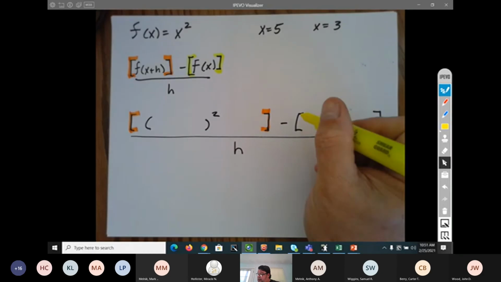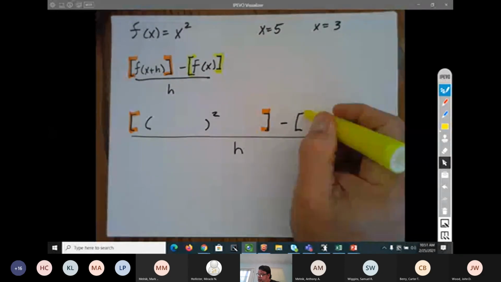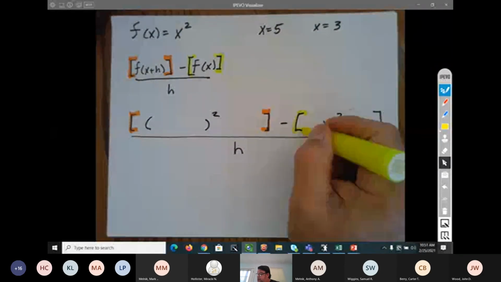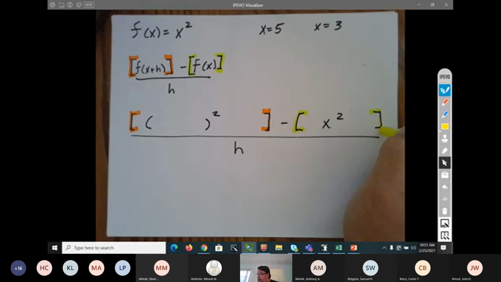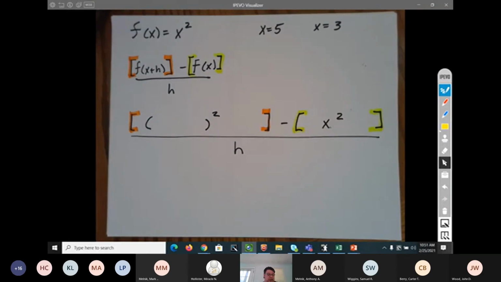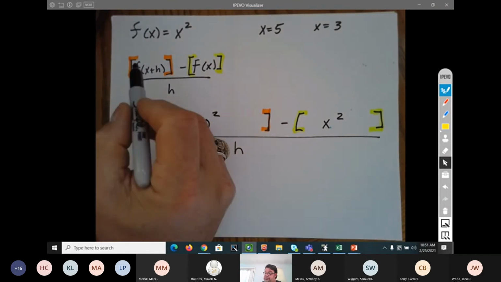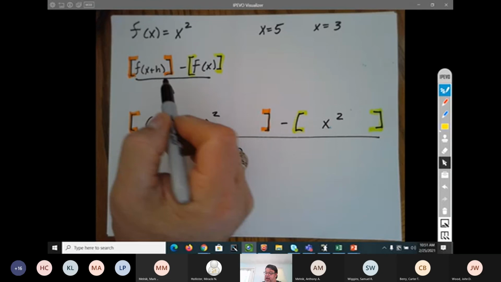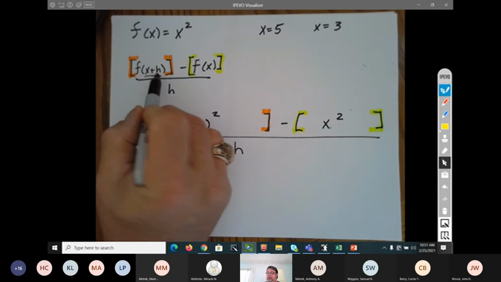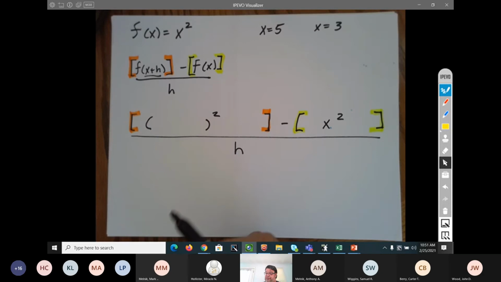The reason I'm doing this is because people that have never seen the difference quotient, like people that were not in my 109 last semester, or people that didn't take 110 or Algebra 2 or Pre-Cal and somehow got into this class, you might need to put those brackets. Now, this says f of x plus h. So whenever I have something in parentheses with a function, that means I've got to plug that into the function.